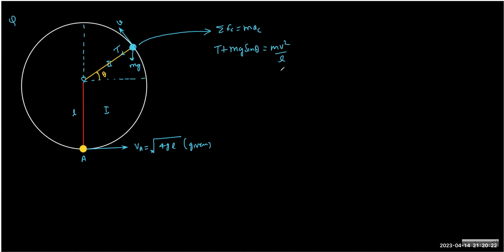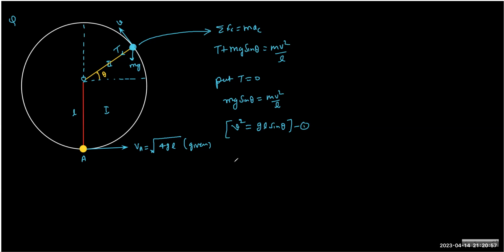Does it make sense to you guys? And we are sure that T will be 0, right? So put T equals 0. So whenever the tension is 0 in quadrant number 2, the V square will have the theta relation like this: root of GL sin theta. And this is what you will get very often in every question.